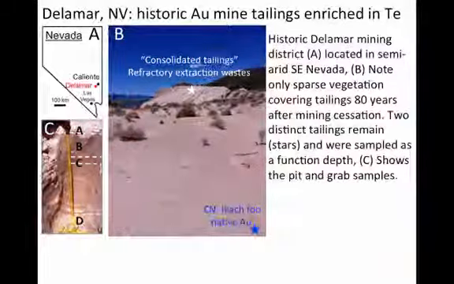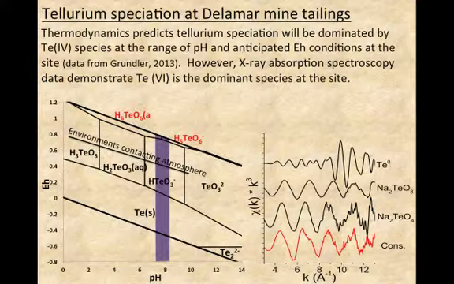So just another example. We're looking at the tellurium speciation in these Delamar tailings, and so I'm showing an EH-pH diagram. I say that I got the data from Grundler 2013, which is really important. If you use someone else's data, that's totally fine, but you want to cite where you got it.